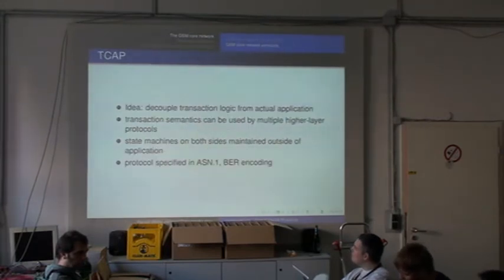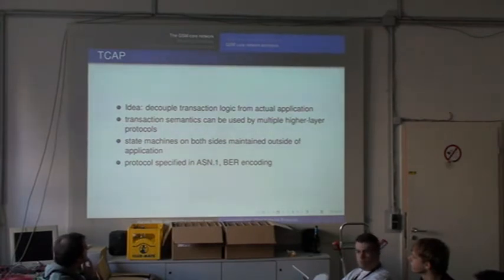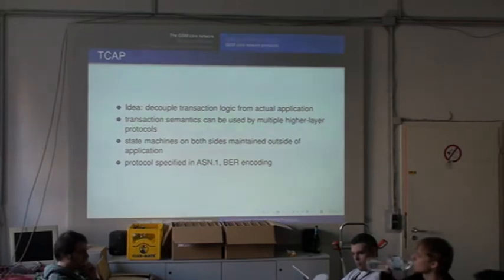So SCTP we already discussed. Now, what is TCAP? It's the Transaction Capabilities Application Part. The idea is to decouple some transaction notion or transaction logic from the actual application that you use. If you look at mobile networks, basically everything you can think of as a transaction.